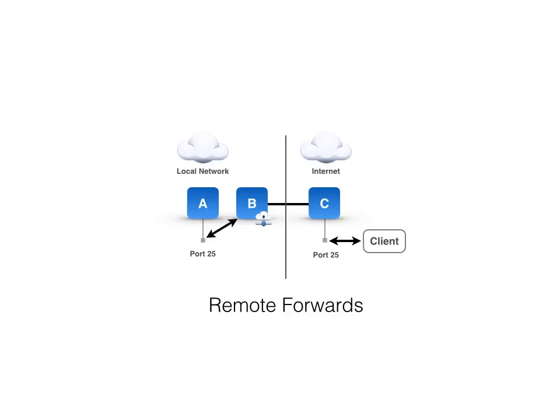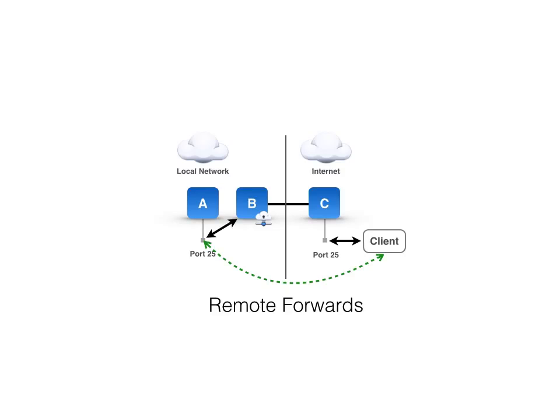The client can then connect to that port. C will forward the traffic from itself to B, and B can then forward that traffic to a port on a resource on the local network. So maybe it's B itself, or maybe it's A. In that way, a client can directly connect to port 25 on an internal resource, and it's all handled through the SSH forward going from server C to server B.